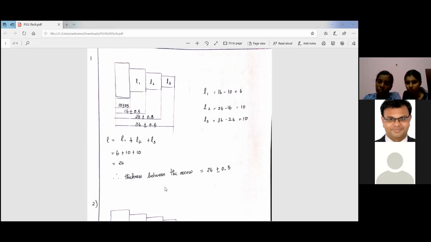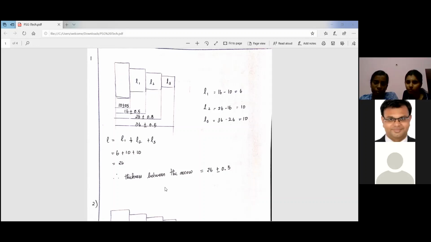To find the distance between L1 and L3, I need to close the 0 value, which means 0 is out of my scope. So I need to subtract 10 plus or minus 0.5 from the overall length of 36 plus or minus 0.5 between 0 and L3.